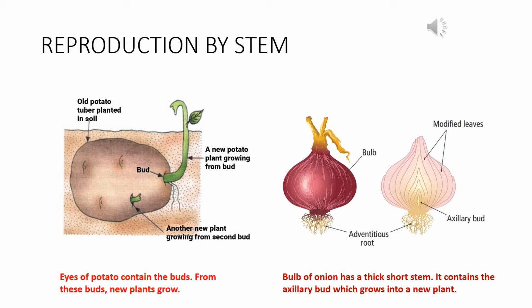And the axillary bud will grow into a new plant. Now the scale leaves of the onion are modified leaves, and they protect the axillary buds. Now if you cut the onion into two without hurting the axillary bud, and you pot it in soil and water the soil, a new plant will come out from the axillary bud.